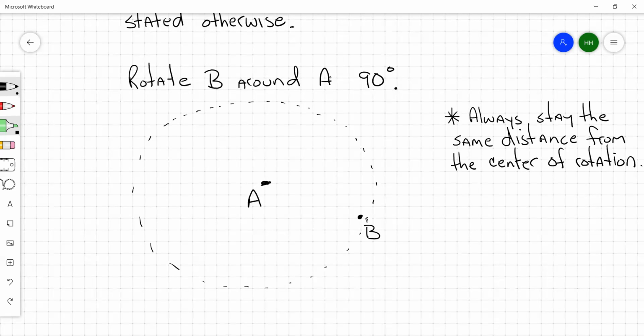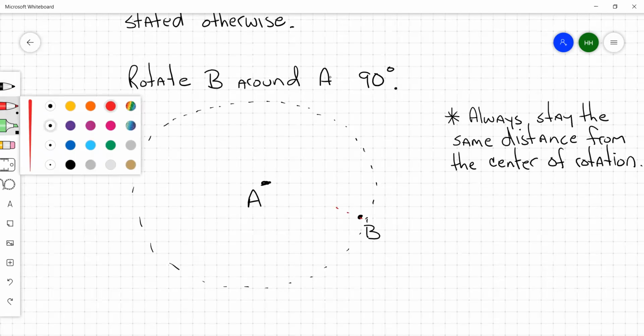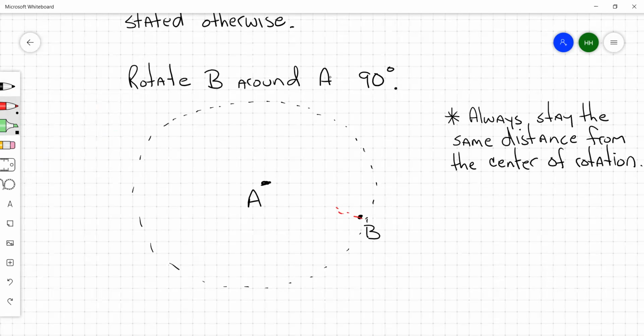Now, if we draw a line from B to the center of rotation, I'd like to get a red dashed line here if I could order one up, please. Thank you, sir. Right here, from B to the center of rotation.